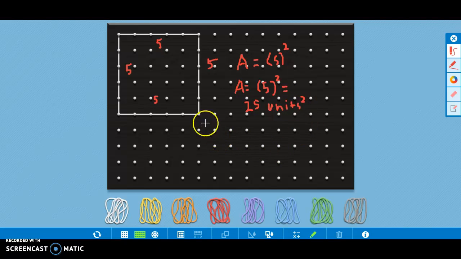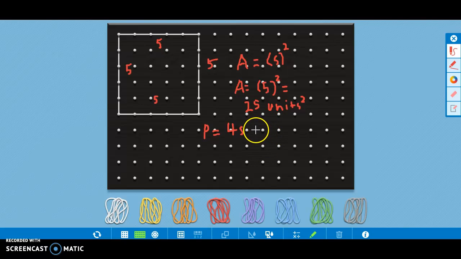Alright, now we also have to find the perimeter. If you remember, the perimeter is equal to, in this case, 4s, because we're going to be adding together each of the lengths of the sides. In this case, because they're all equal, we can just say that it is 4s.